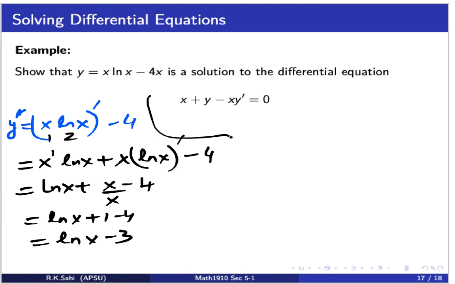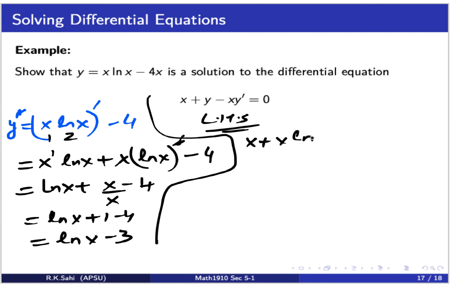Once we have y prime, we just have to plug it into this equation and prove that the left-hand side equals the right-hand side. So you only have an x. Y is x natural log of x minus 4x, minus x times y prime. This is my y prime, which is natural log of x minus 3.